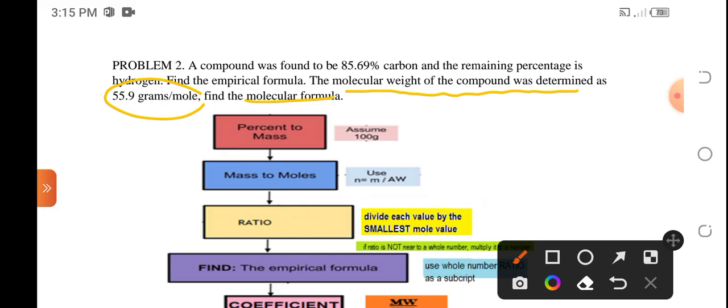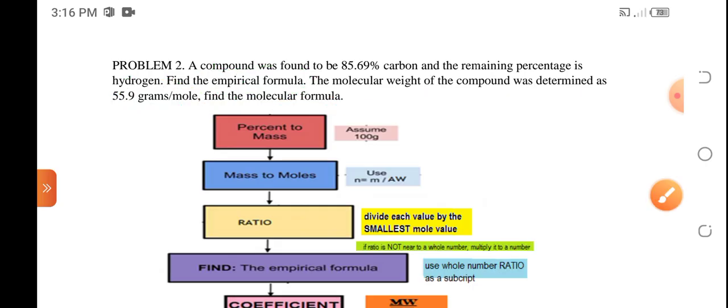So dalawa yung pinapahanap dito. Okay? Isang empirical formula at saka isang molecular formula. Okay? Pero ang pinagkaiba dito sa problem 1 and problem 2, merong binigay na molecular formula kasi gagamitin yan sa paghanap ng molecular weight para sa paghanap ng molecular formula.